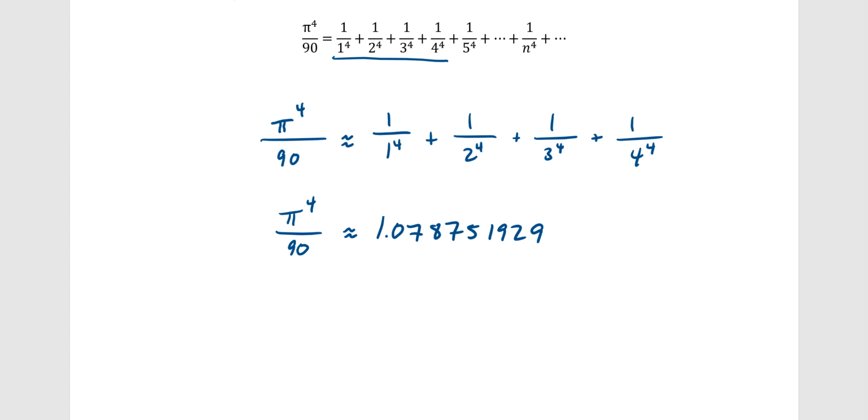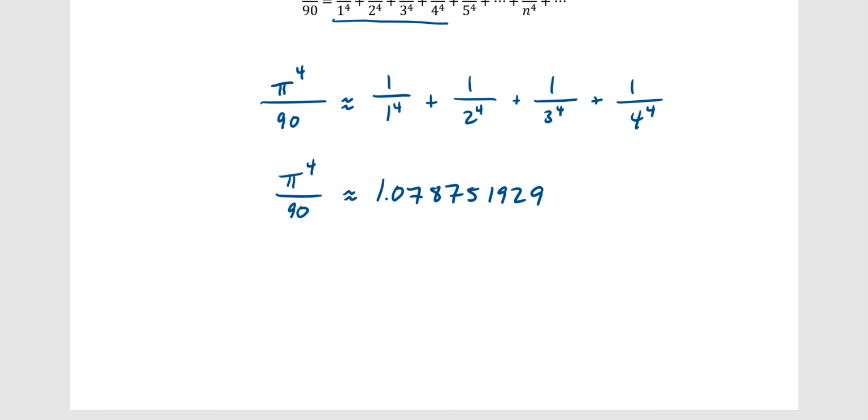So what we have to do is kind of solve for pi like we'd be solving for x. And we would have to multiply 90 on both sides. We would get pi to the 4th is approximately 90 times this 1.078751929 number.